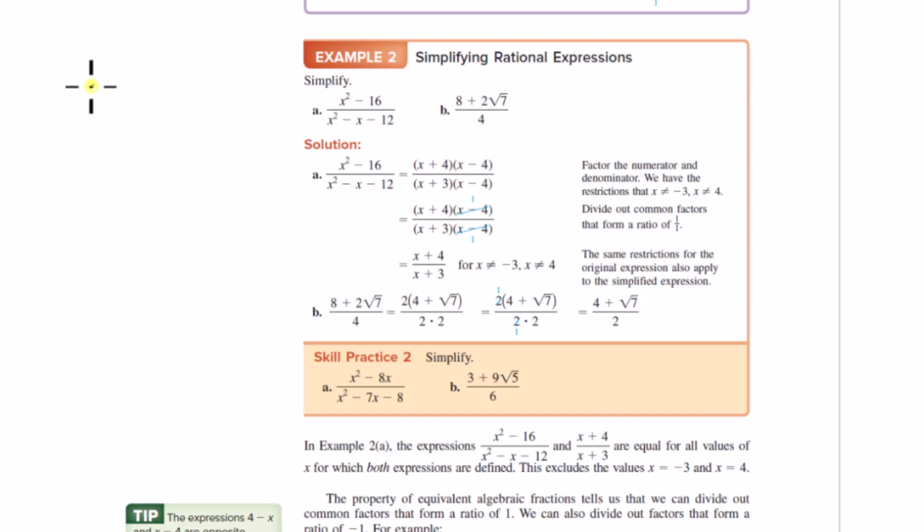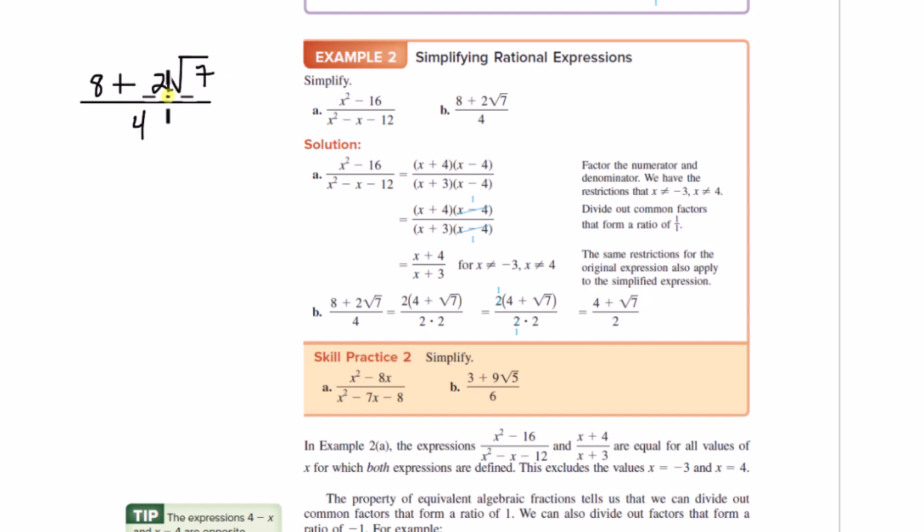Okay, here's a good example. Well, wait a minute, this isn't a rational expression, we've got a radical. What's this about? No, this is rational. This is not a root of a variable. This is just a number, like x to the 0, just a constant. So yes, this is rational.